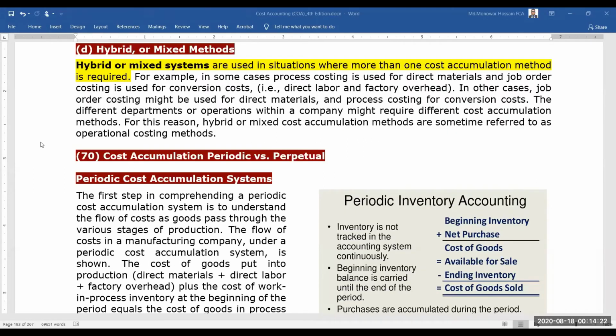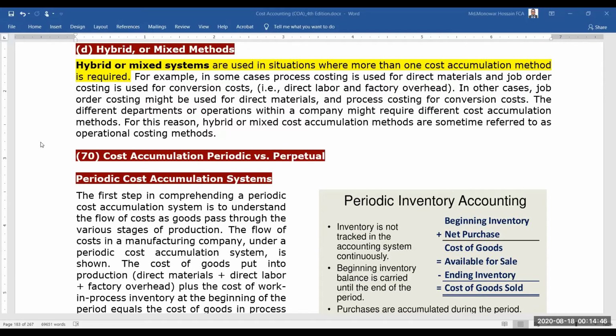Hybrid or mixed systems are used in situations where more than one cost accumulation method is required. For example, in some cases, process costing is used for direct material and job order costing is used for conversion cost. So direct labor and factory overhead are the conversion cost.